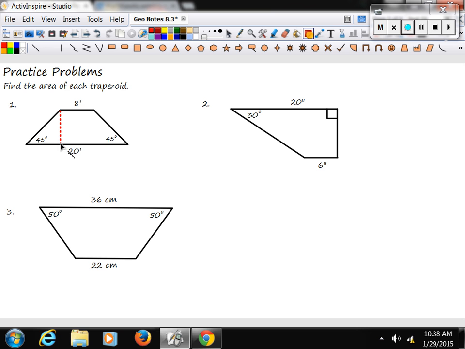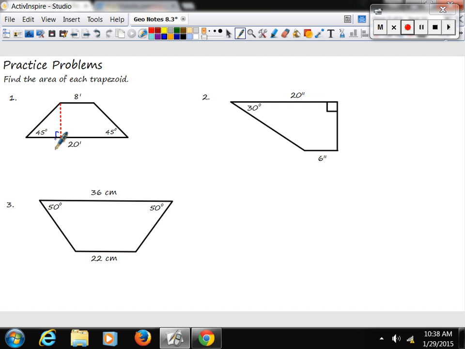So if we brought a line straight down like that, and we put a little box there because it's an altitude, what do we know about this little triangle right here? Yeah, if this is 90 and that's 45, this one also has to be 45. So you have a 45, 45, 90.